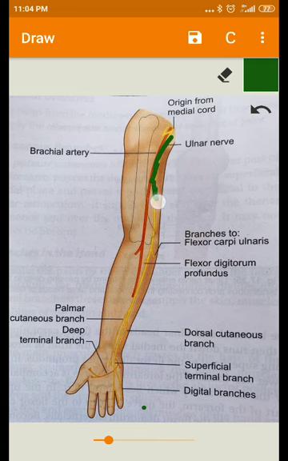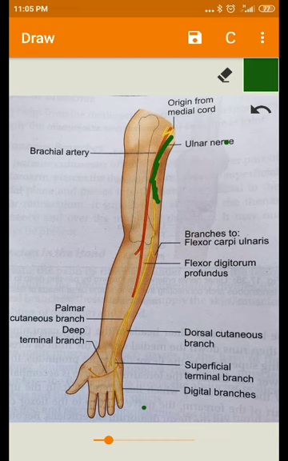In the posterior aspect, it lies between the medial intermuscular septum and the medial head of the triceps. Here comes the arcade of Struthers. There is a thin aponeurotic connection connecting the medial intermuscular septum to the medial head of the triceps.